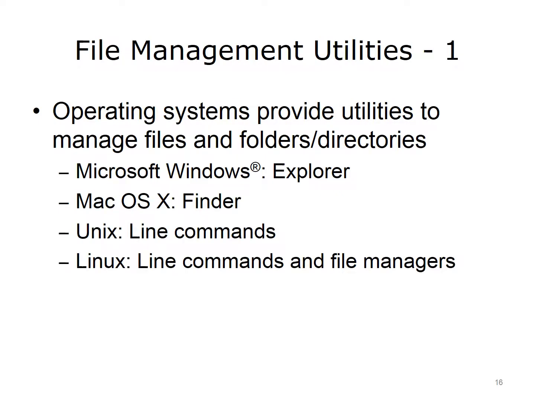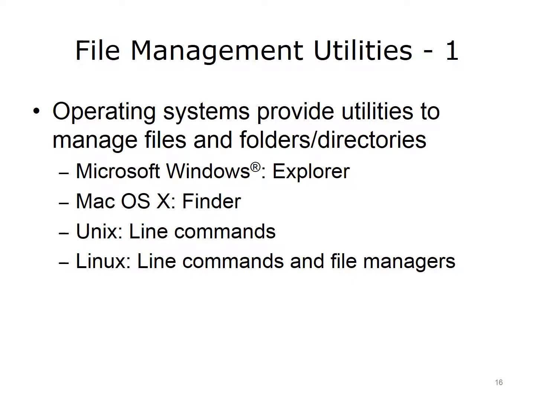File systems and operating systems provide utilities to manage files and folders or directories. In Windows, it is called File Explorer. In Mac OS and Mac OS X, it is called Finder. In Unix, a series of typed line commands provides this functionality. And Linux, in addition to the command lines used in Unix, offers graphical file managers.